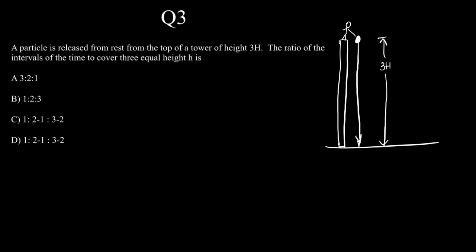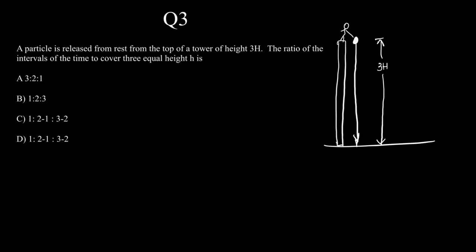The ratio of the intervals of the time to cover 3 equal heights h. Okay. So the height of the tower is given to be 3h. And what we need to find is the ratio.